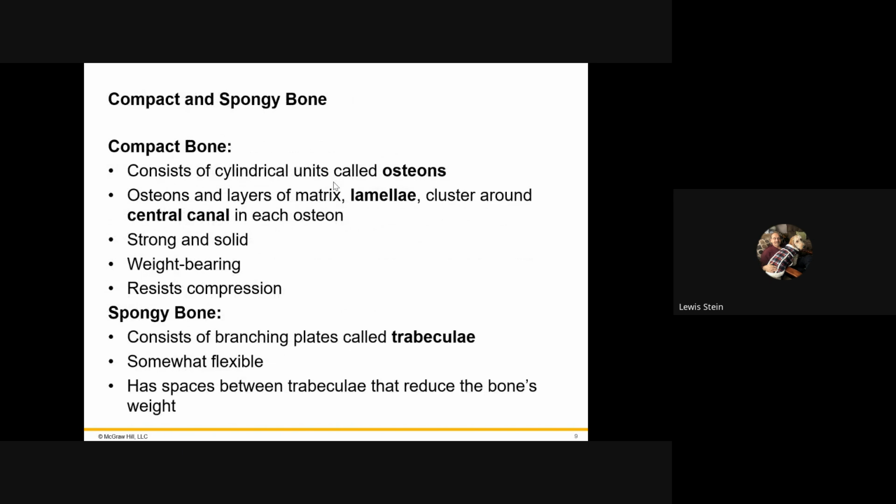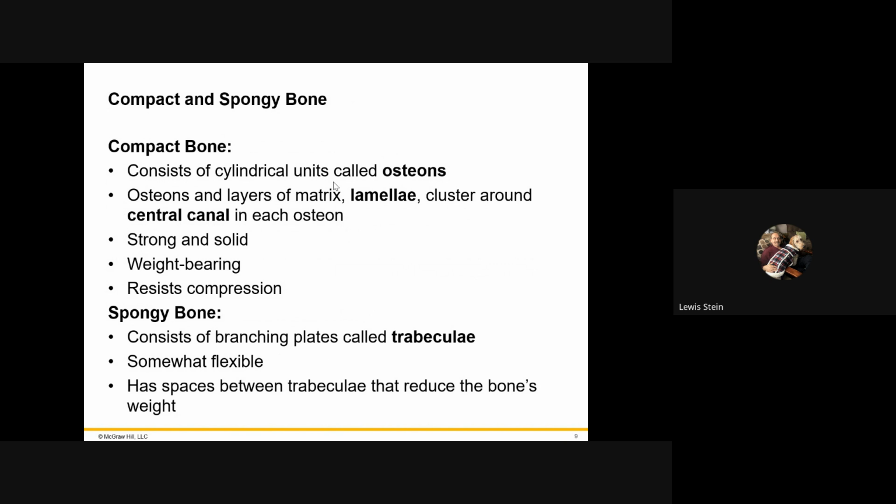And so we're going to look further when we look at compact bone. We're going to spend time looking at the osteon, this very interesting arrangement. The osteon is the true structural unit of compact bone. Each osteon consists of a tiny pillar, like a dowel.